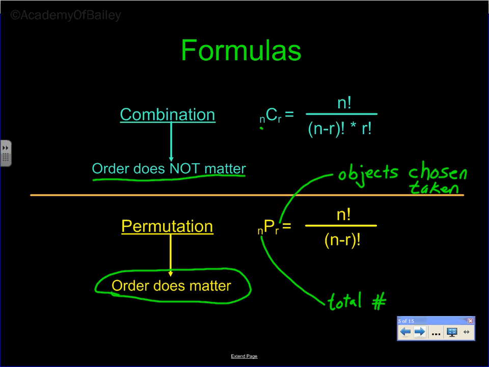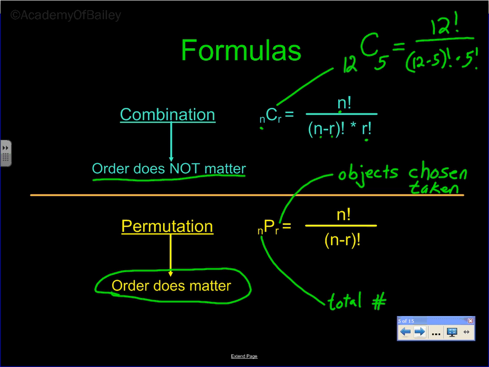So for the basketball team, 12 players on the team, this is going to be a combination because order does not matter. He's just choosing 5 guys to start the game. You would set it up from there. n would be 12, so we say 12 factorial on top, and on the bottom, n minus r, which is 12 minus 5, factorial, and then you multiply by r factorial.